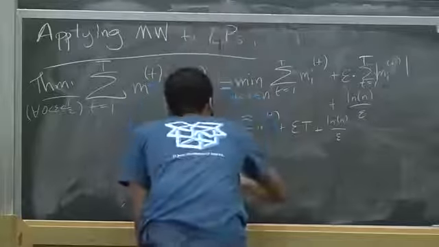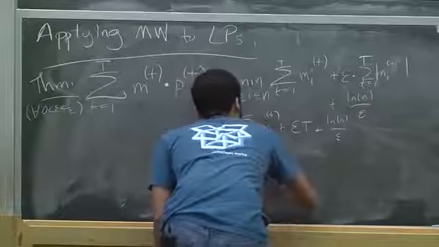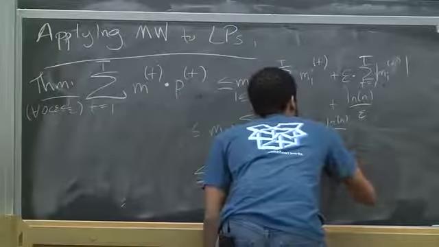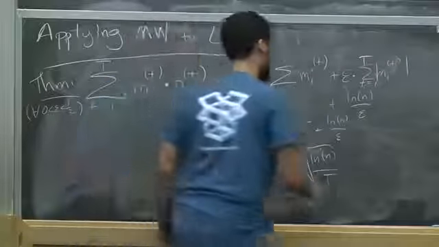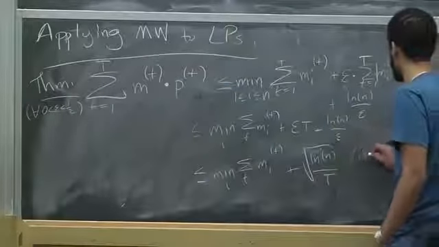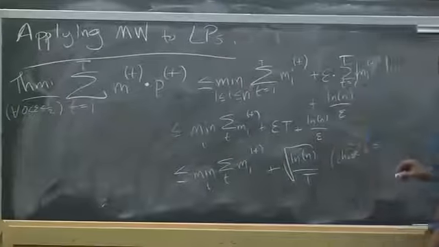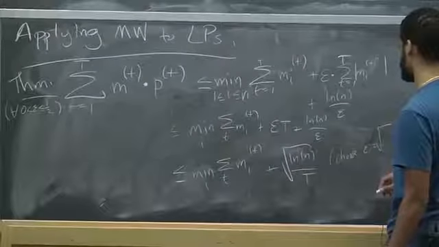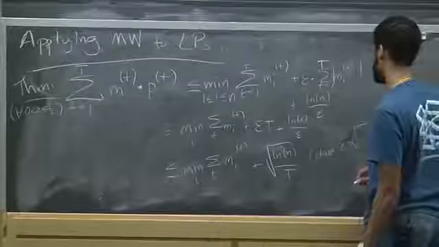And this will be at most the min over i of the sum over t of mt_i, plus root of ln n over T, well, the bound will be of that order if you choose epsilon to be root ln n over T.